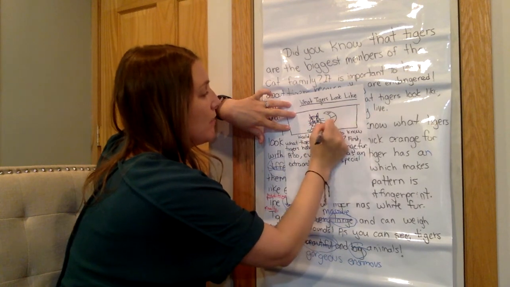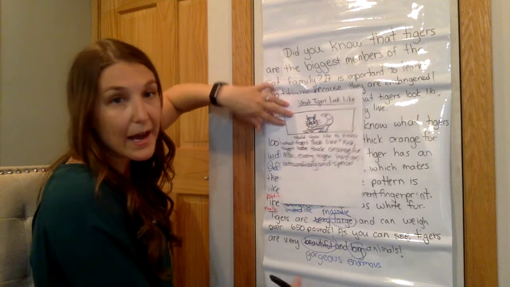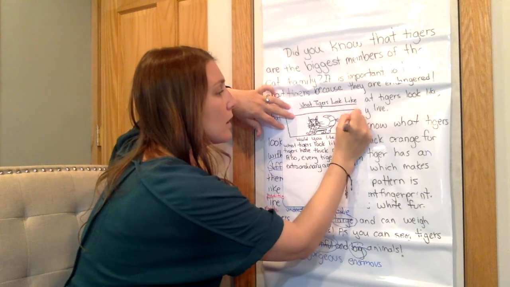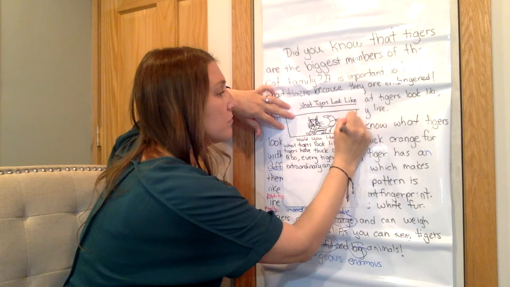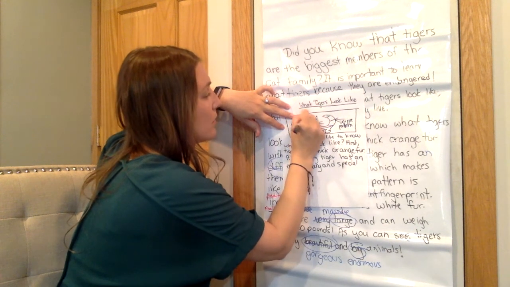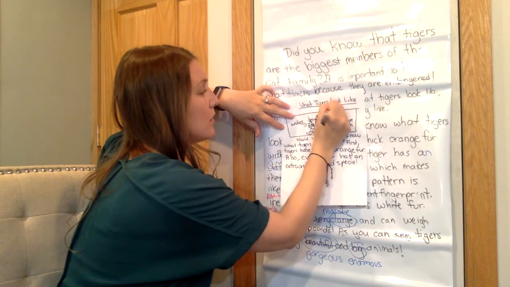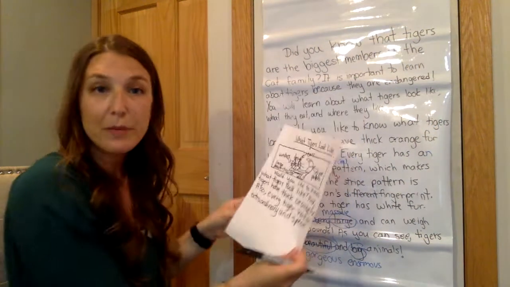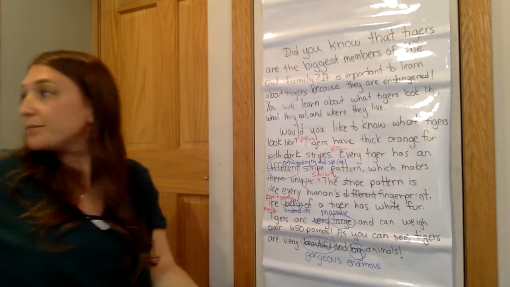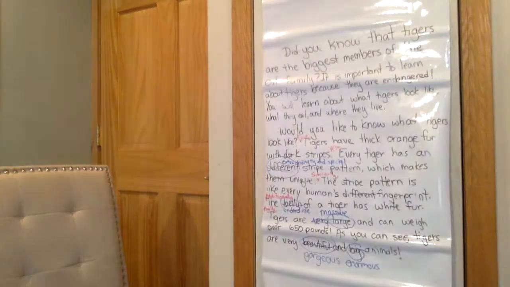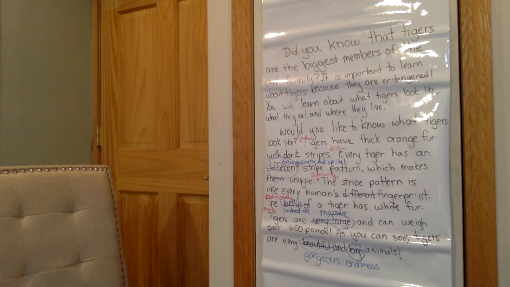Okay. And maybe since this is nonfiction, I'm going to add in some labels. Unique pattern. Whiskers, ears, large paws. And then when it's time for me to go to my next subtopic, I'll take another piece of paper, and on that piece of paper, I'm going to do the same thing.